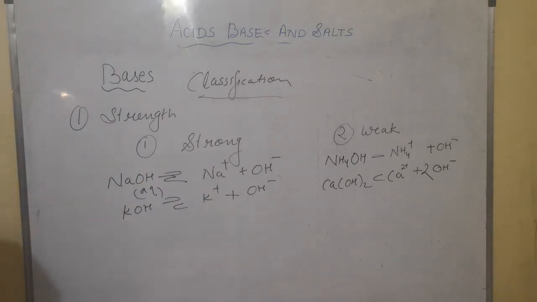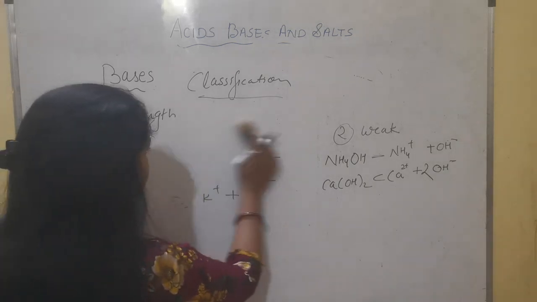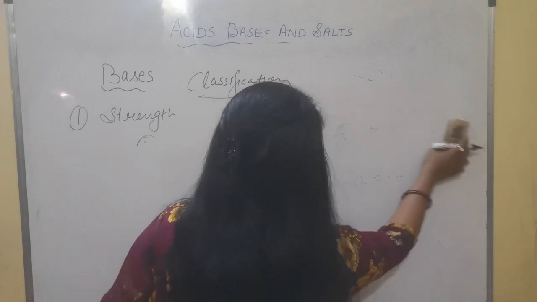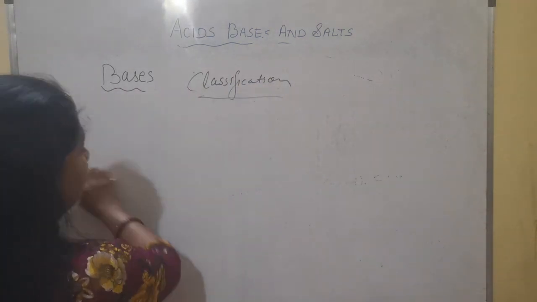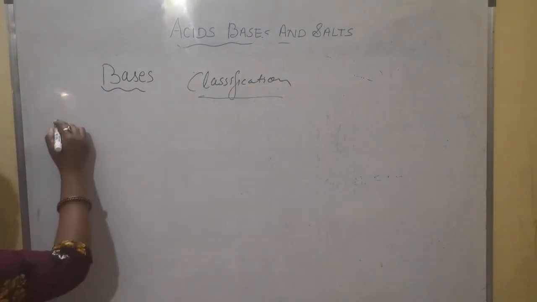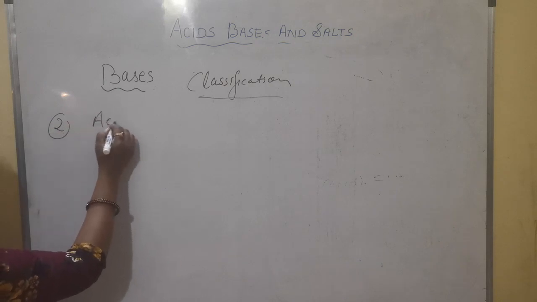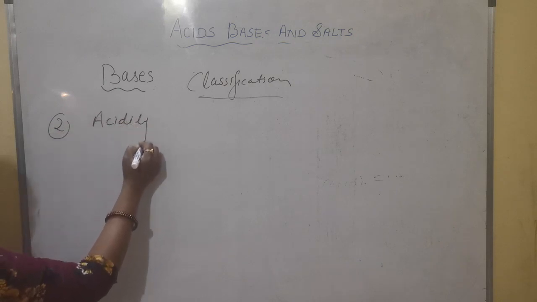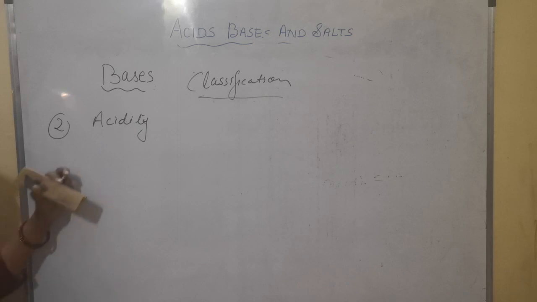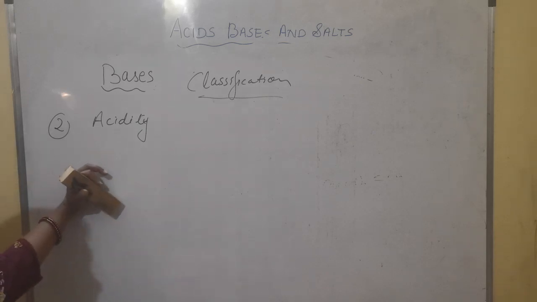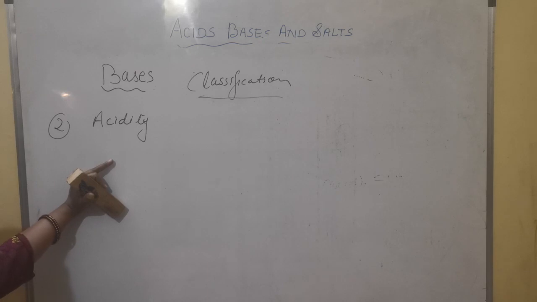Next classification is on the basis of their acidity. Under acids, we have studied basicity, and in bases, we have to study acidity. So, what is the acidity of a base? In basicity, we discussed that it is the number of hydronium ion produced per molecule of acid, whereas in acidity, what do we have to see?